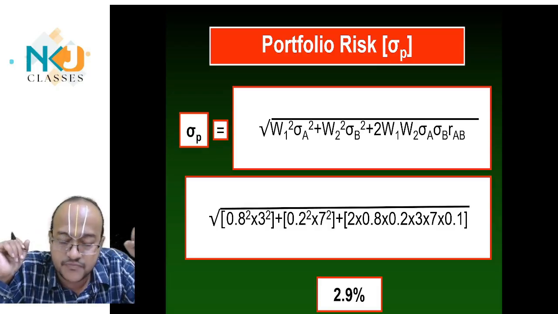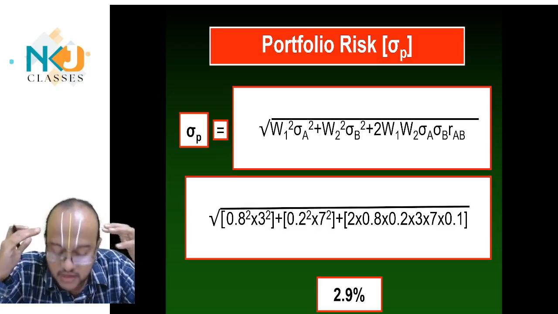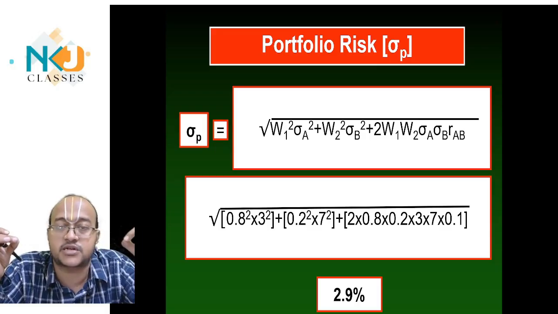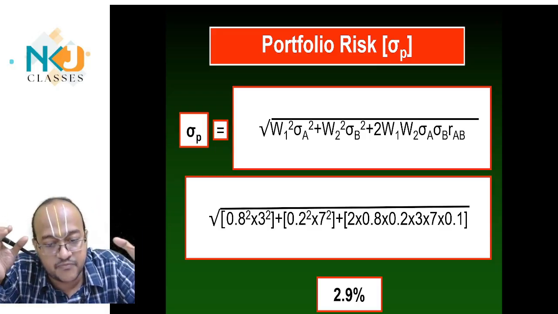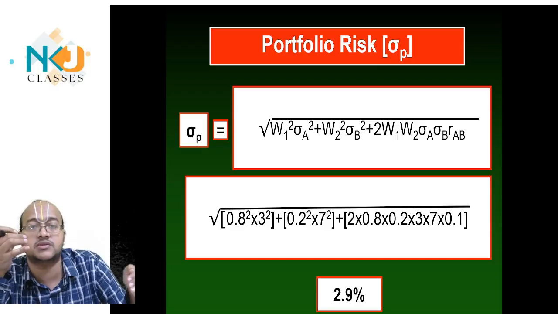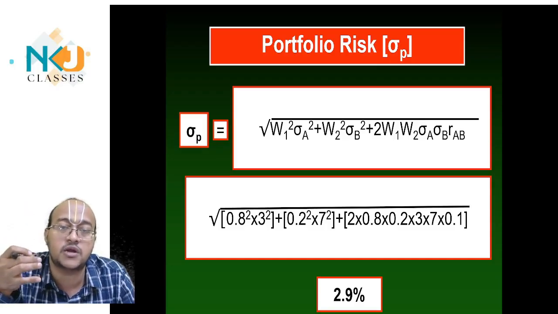See, which project is the minimum risk project? Project A. Risk is 3%. But to our surprise, the portfolio risk itself is lesser than the individual project risk.